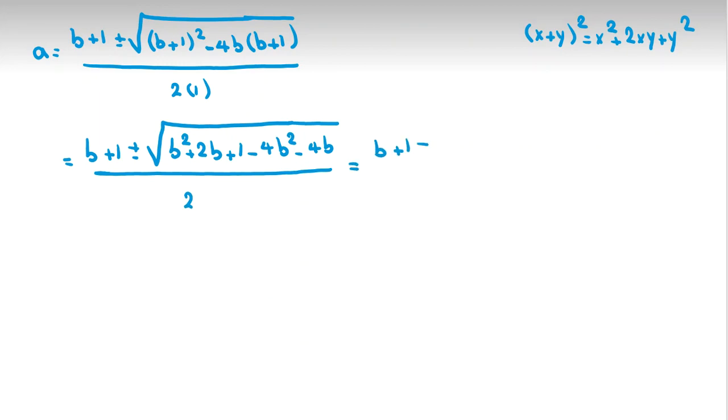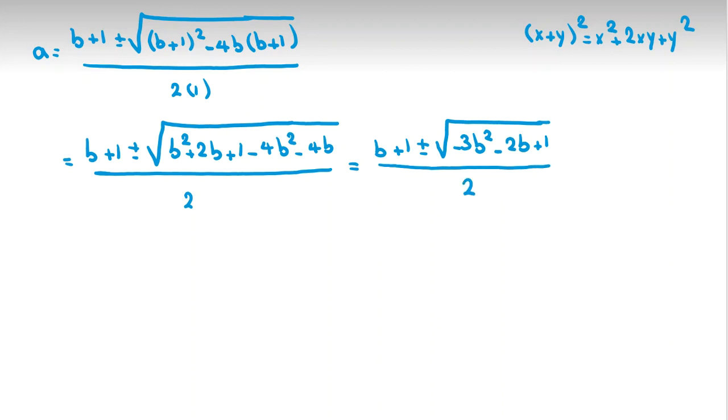Which will be b plus 1 plus minus square root of what? Negative 4b squared plus b squared is negative 3b squared, plus 2b minus 4b is negative 2b, plus 1. Okay?